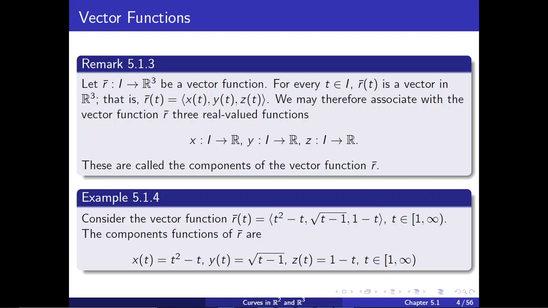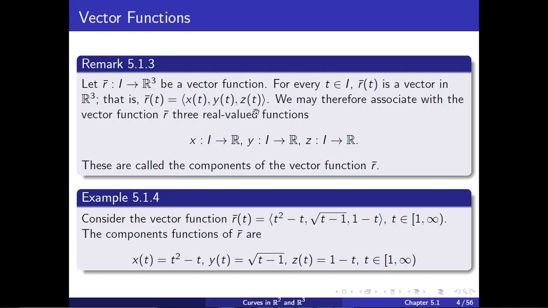Let r be a three-dimensional vector function. Then for every t in the interval, r of t is a vector in R3, and what it means is r of t is equal to x of t, y of t, and z of t.